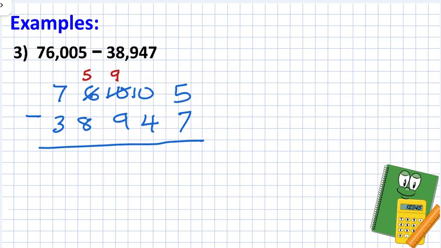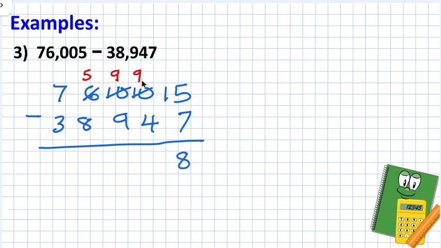Alright, so there we have 10. So we borrow from this 10 now. This 10 is going to become 9 again, and we take the one we borrowed to this 5. So you see how I keep on borrowing from a number I borrowed to give, just like that. So here we have 15 minus 7. So 15 minus 7 will give us 8.